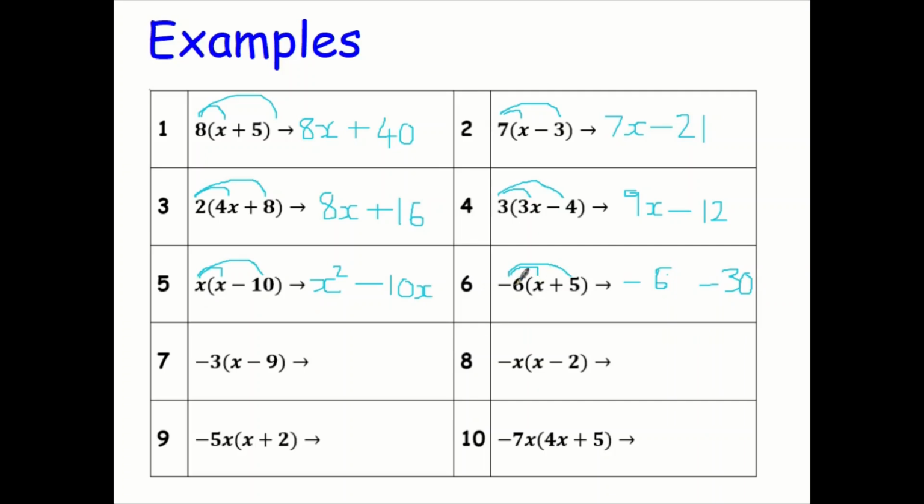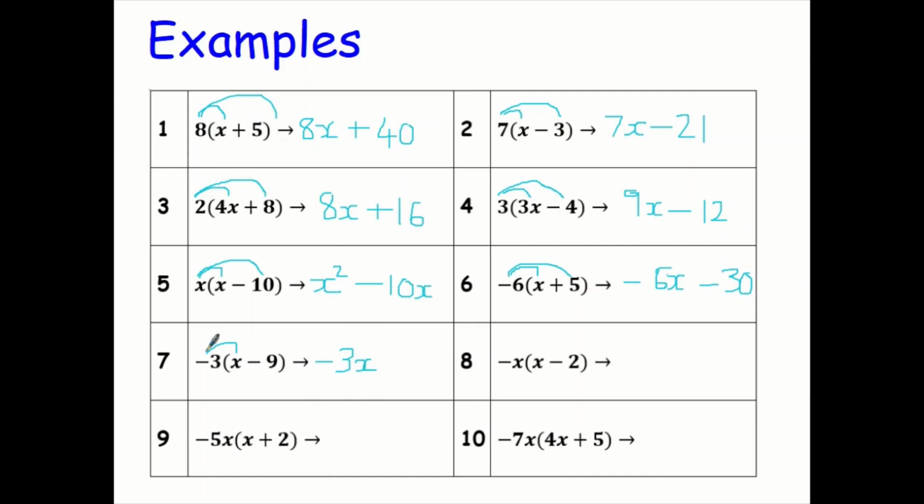So minus 6 multiplied by x is minus 6x. Minus 6 multiplied by positive 5 is minus 30. Minus 3 multiplied by x is minus 3x.